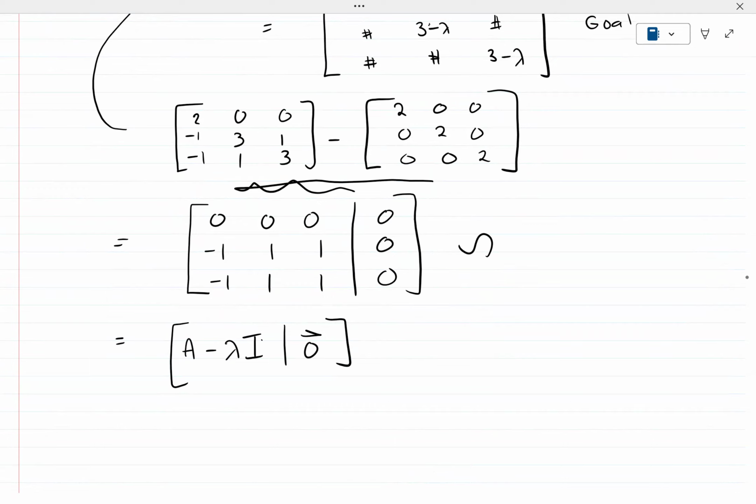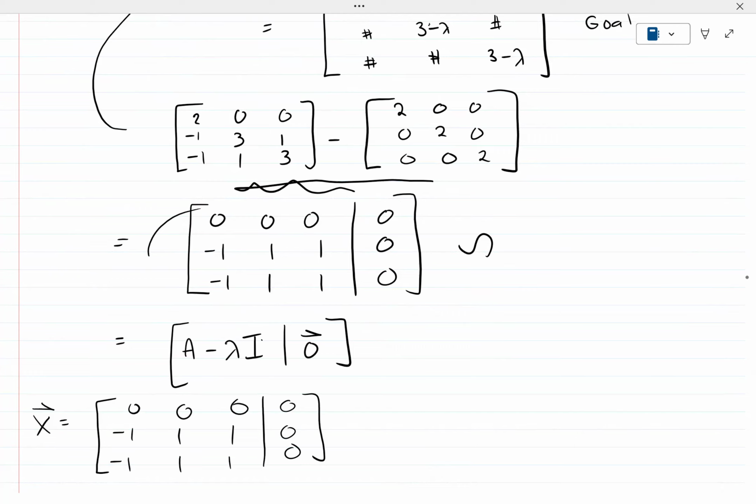Once we do that, that's going to be our vector x. So I'm going to put this down here. This is going to be 0, -1, -1. This is going to be 0, 1, 1, 0, 1, 1, and then augmented with 0, 0.